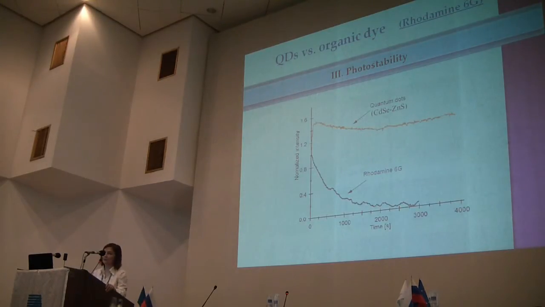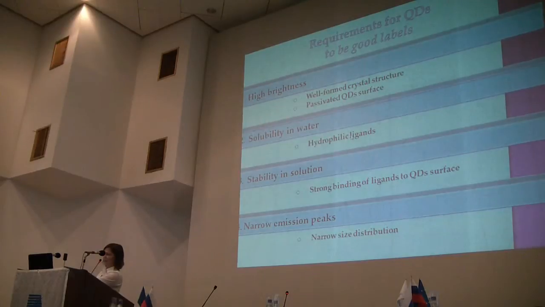Also very important, luminescence sensitivity has a very strong dependence on the intensity of the source. If we use a laser, we will have more intense luminescence, but we will have a problem with photostability. And quantum dots are much more photostable than organic dyes. So this is also a very important advantage of quantum dots.